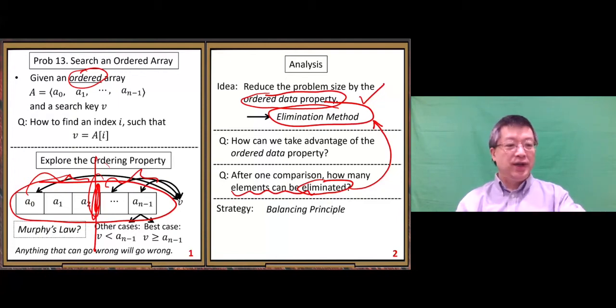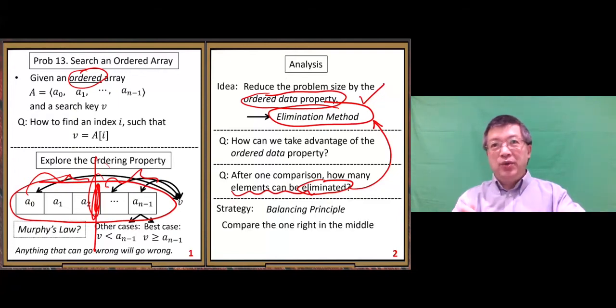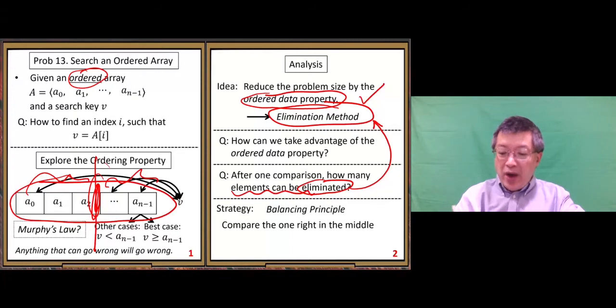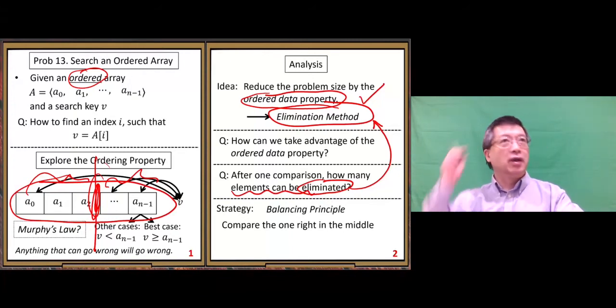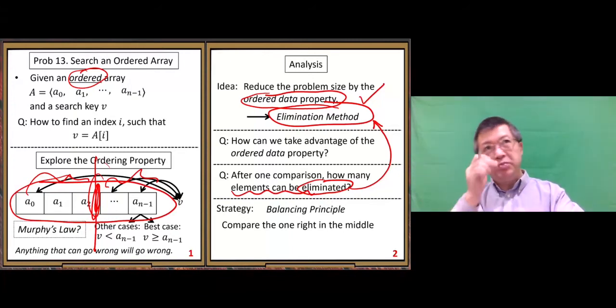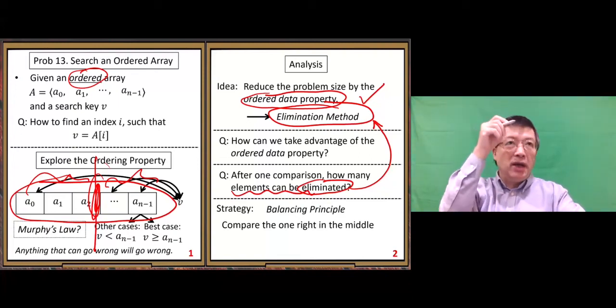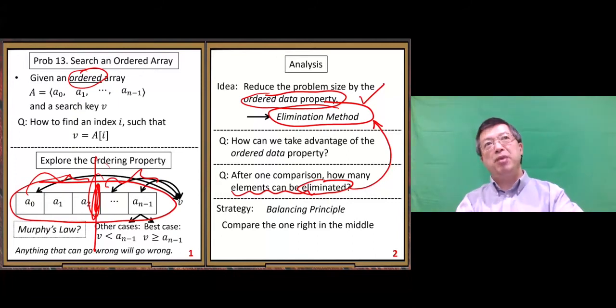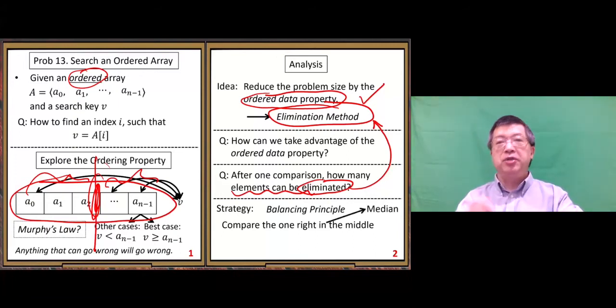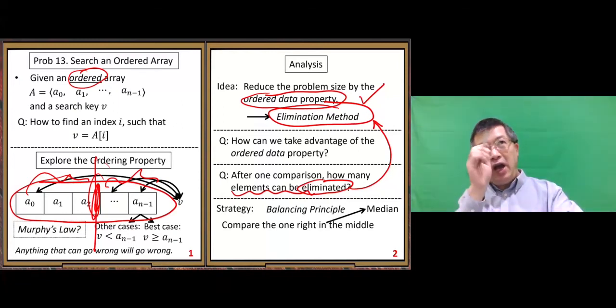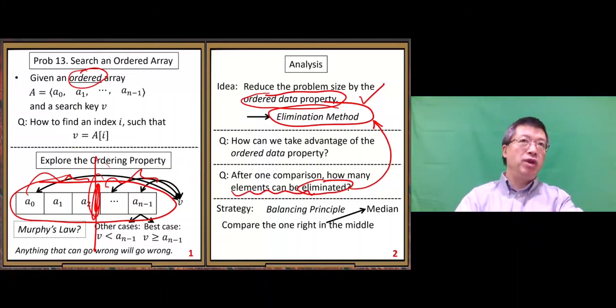So we compare the element right in the middle, with position as close to the midpoint as possible. We call it the median. That's the definition of the median: in a sorted array, the element in the middle position.